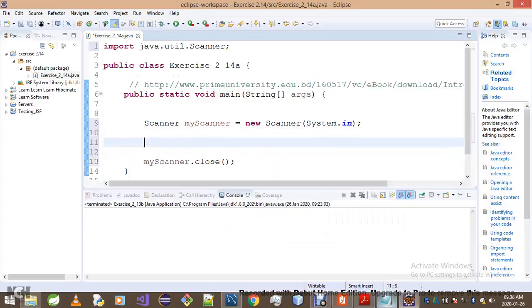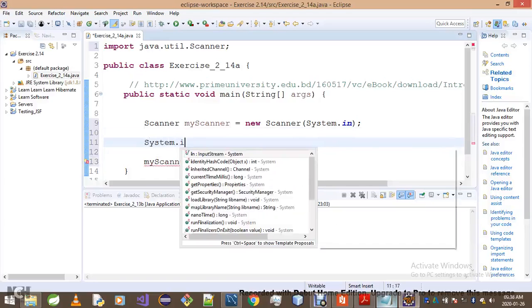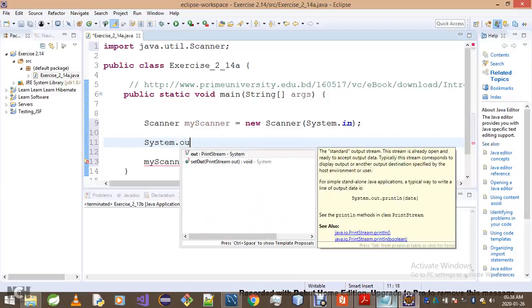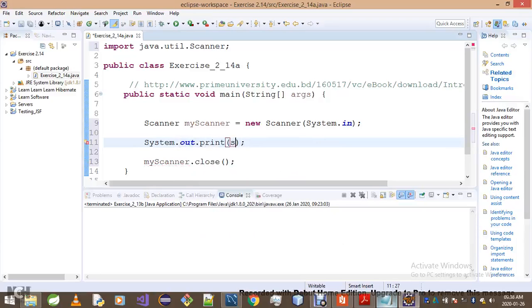Okay, what we then do is to prompt the user, print to enter what? To enter weight in pounds.